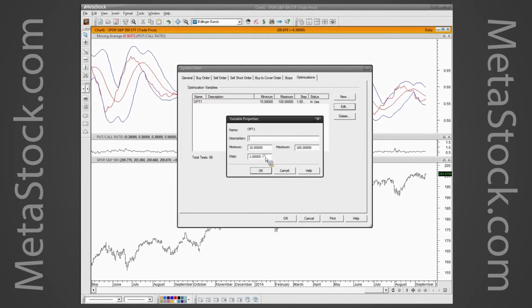Now, if we didn't want to do that many, then what I could do is change this step to a higher number, let's say 5. So then it would start with 15, then go to 20, then go to 25, and so on. Does anybody have any questions about that?